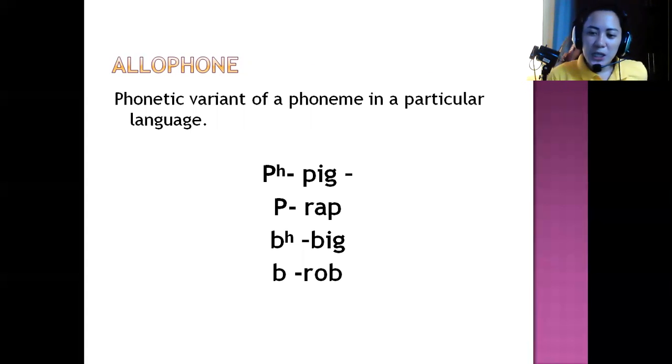A very simple example of allophone is the aspirated P and the unaspirated P, the aspirated B and the unaspirated B, and many, many more, like in the words pig, rap, big, rub. So you can see the difference between the two P sounds and the two B sounds. This is aspirated in the initial and not aspirated at the final part of the word.